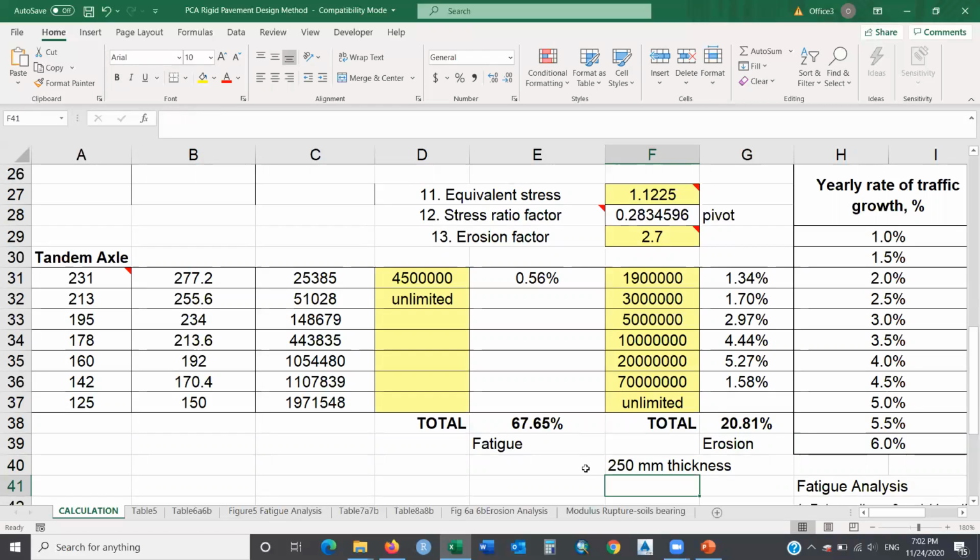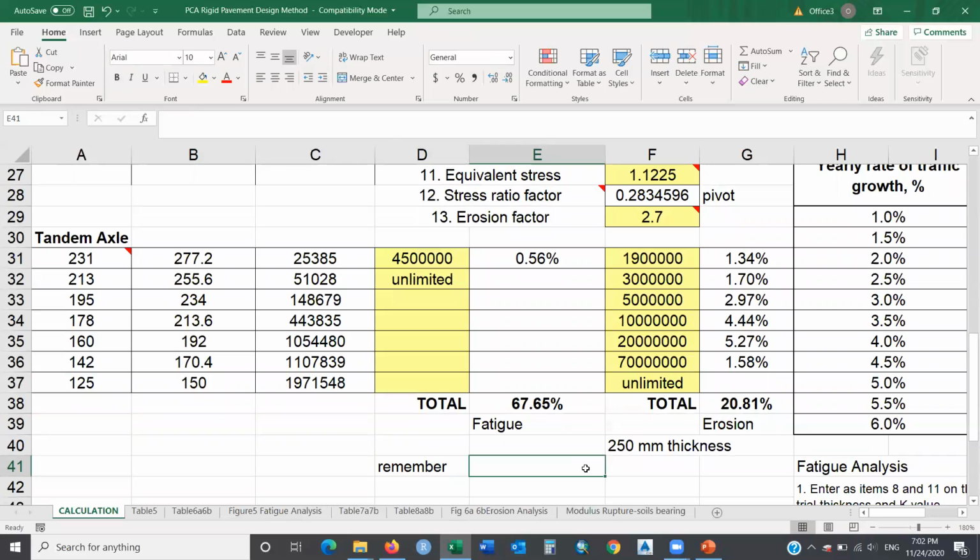What do we do? Because we already tested the 240 and it failed, if you remember. What do we do?